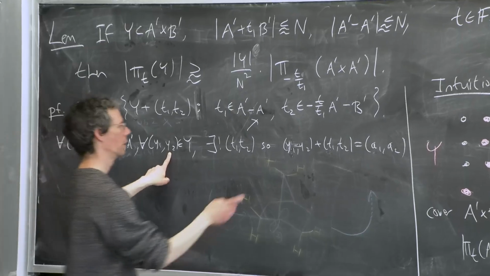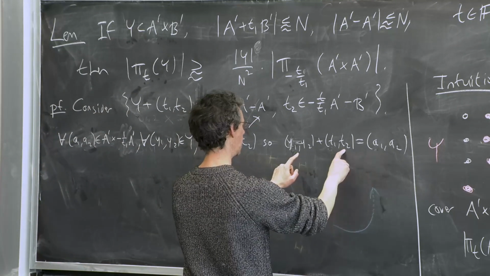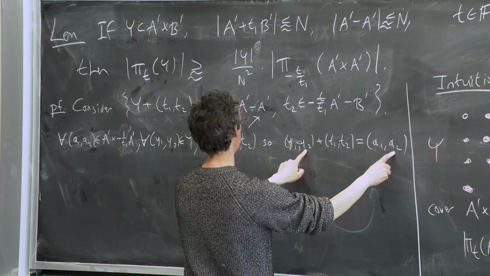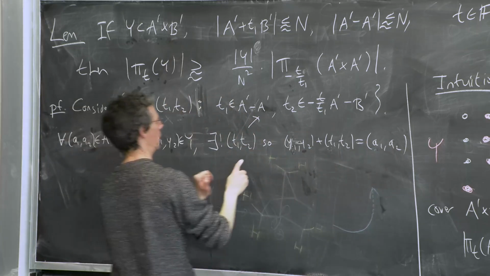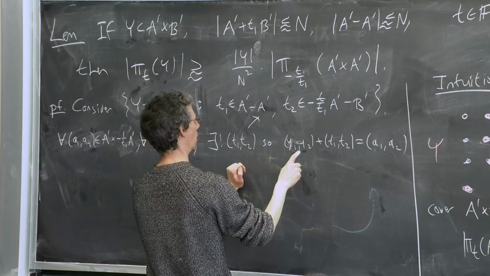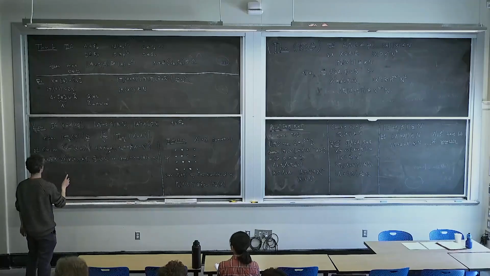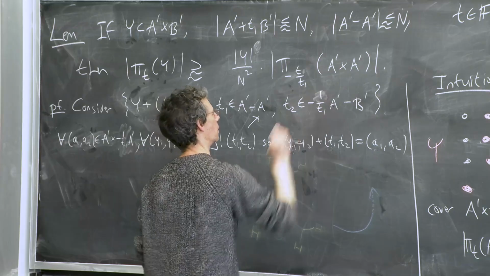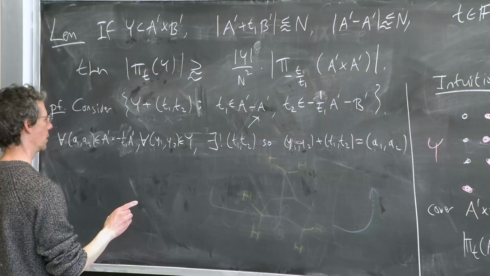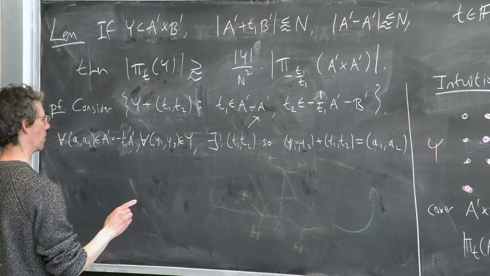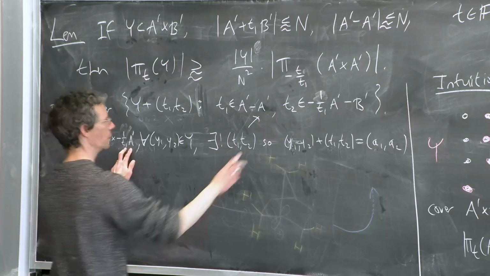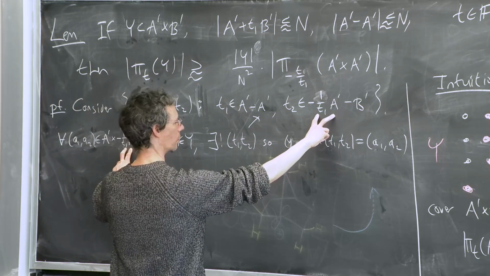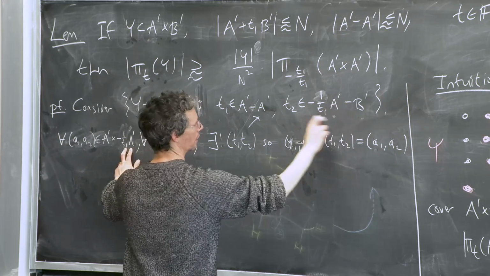OK, now how does y2 work? t2 is going to be a2 minus y2. a2 lives in B prime, and y2 lives here. So the difference lives here where it's supposed to.